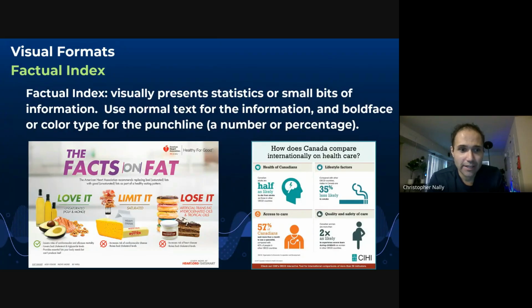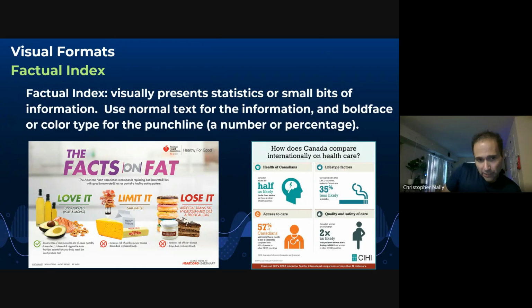A factual index basically is kind of like a facts box, except it places emphasis in the form of color, in the form of type style, in the form of size and scale to point out key information about a specific thing. So, for instance, the facts on fat: love it, limit it, lose it.